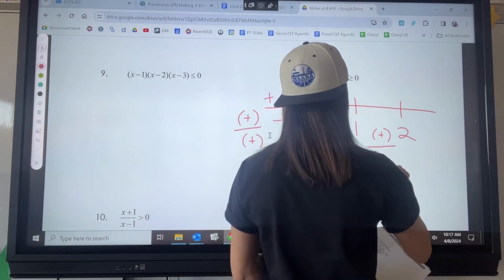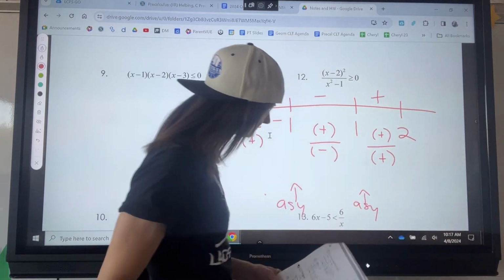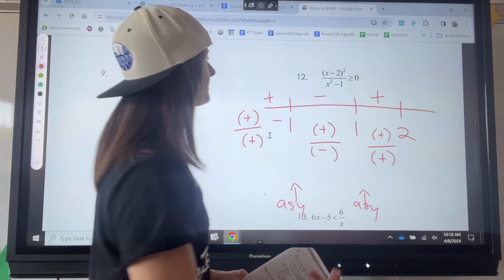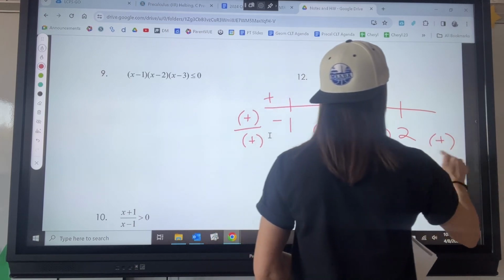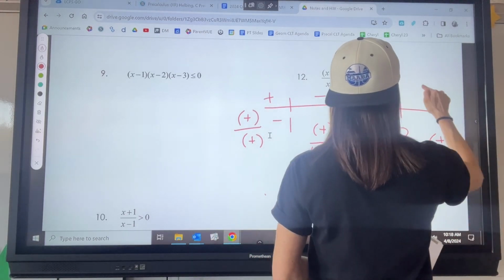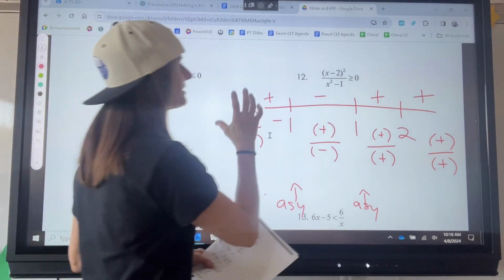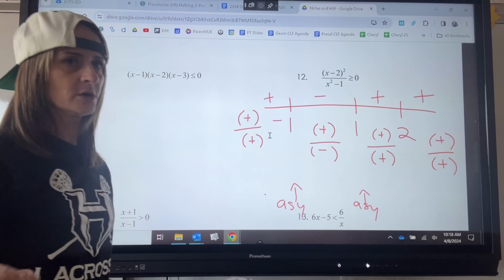Okay, so that should be positive. Yep, confirmed. And same thing should happen for above 2. So put 3 minus 2 squared is going to be positive, and then 3, that's going to be positive. That should be positive.